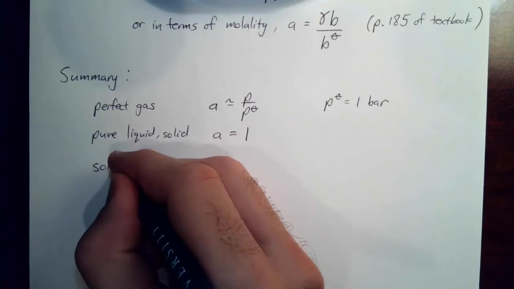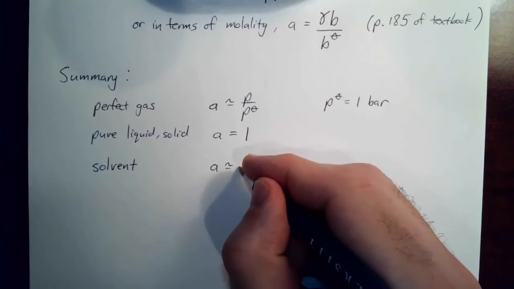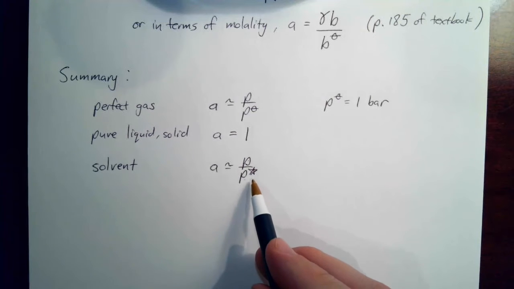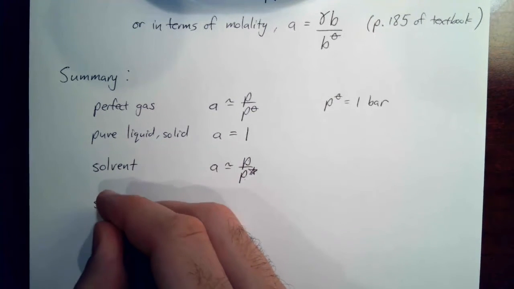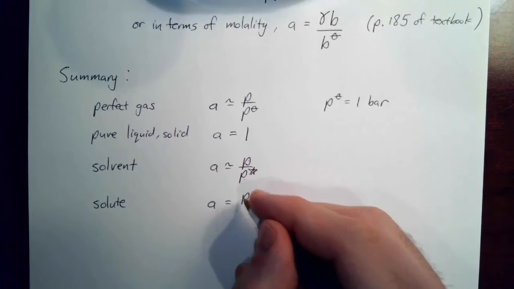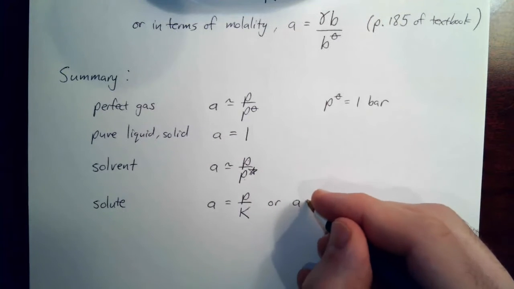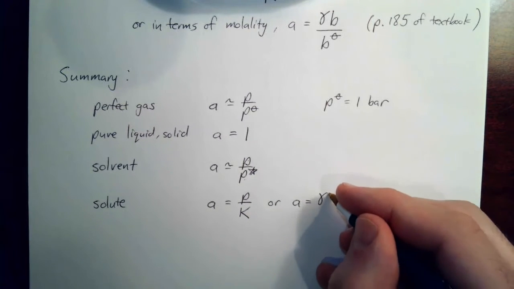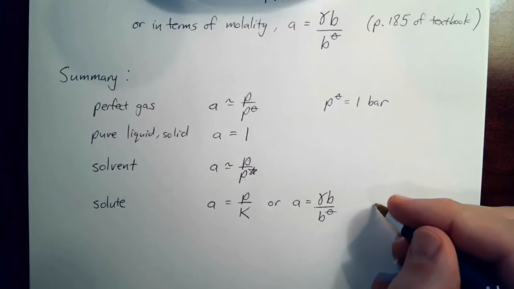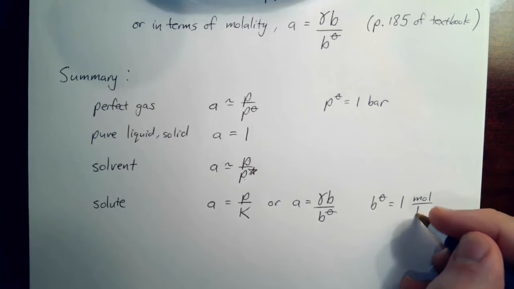For a solvent, this is Raoult's law, A is approximately P over P star, the partial pressure over the pressure when it's pure. And for a solute, we can write A as the partial pressure over Henry's constant, or the activity coefficient times the molality over the standard molality, where the standard molality was set to be 1 mole per kilogram.